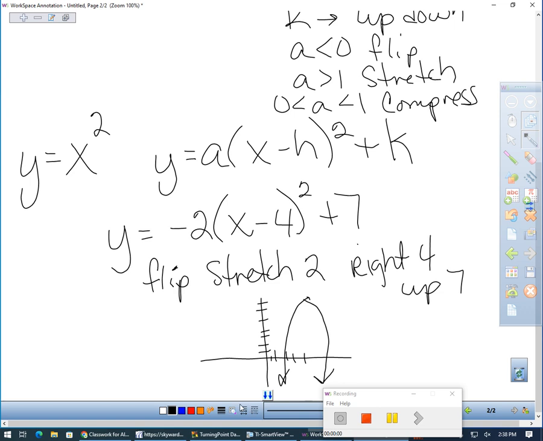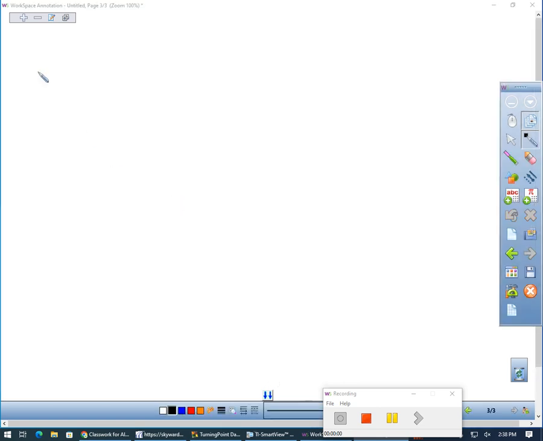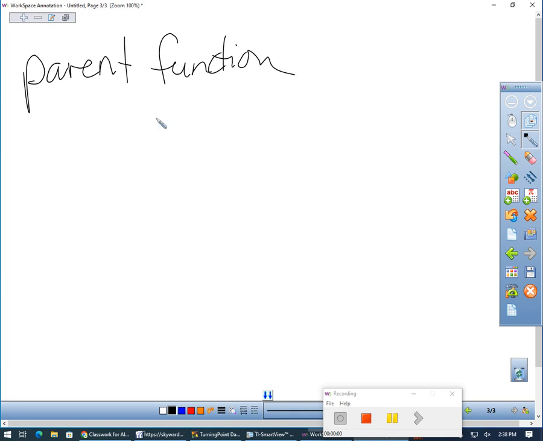Using those same ideas, those same rules we did before, we have a new parent function to work with. Today's parent function. The first one we're going to work with is y equals the square root of x.